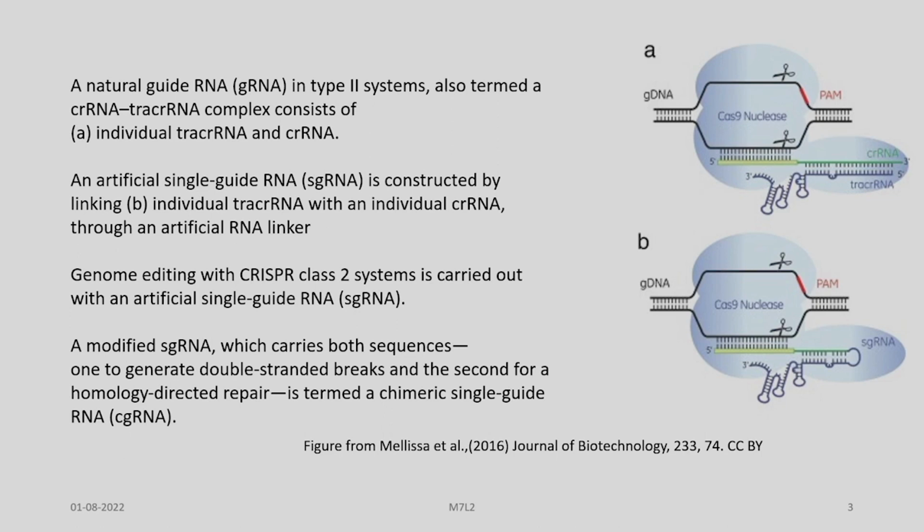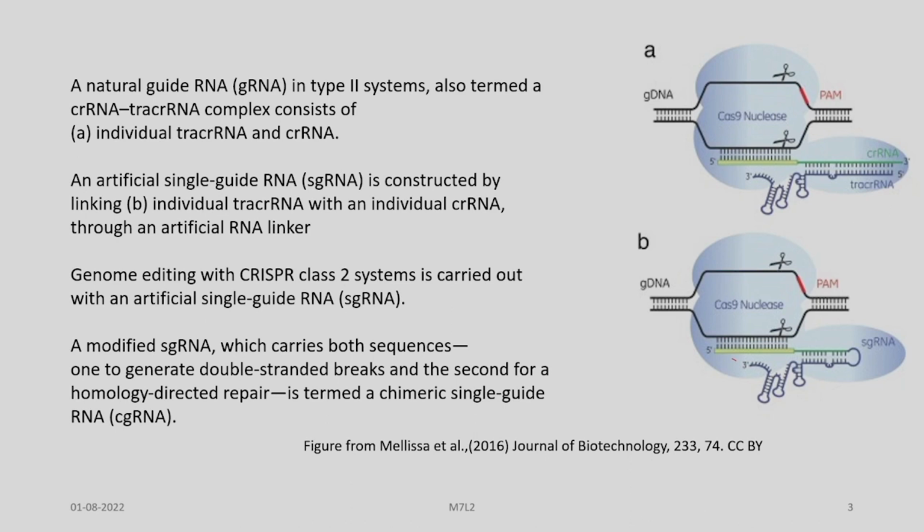While if you look at the lower picture B, you can see there is no separate CRISPR RNA and tracrRNA, but there is a single guide RNA, though you can see some sequences are very similar to CRISPR RNA and tracrRNA as shown by the color codes.